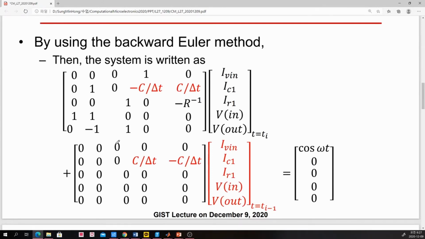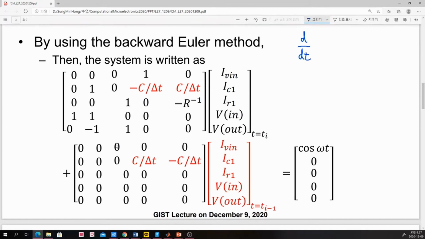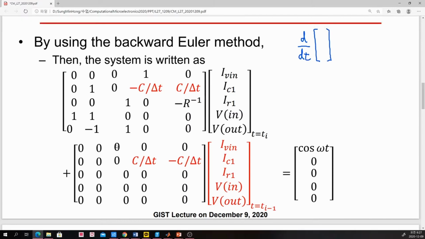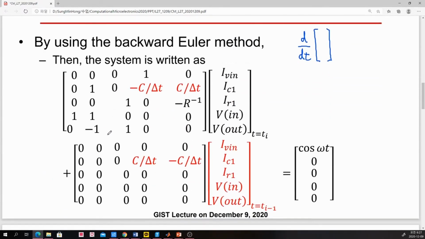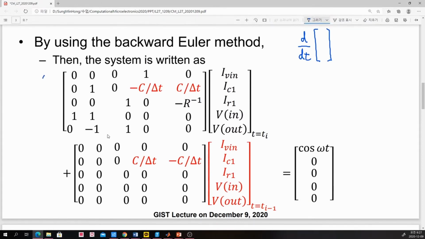So we had a really simple RC circuit, and previously we had terms like d over dt of our entire solution vector, but now that is approximated as just a difference between our unknown vector and its past value. So here you can see that when we take it, this becomes the entire system equation.